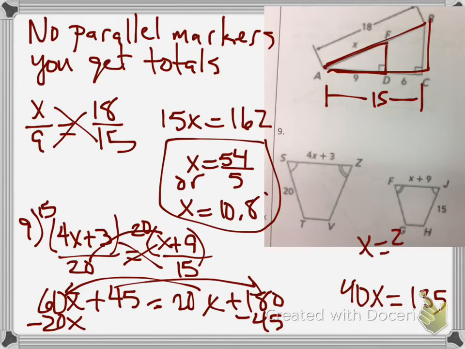Again, I would take the 27 over 8, or you could tell me that's approximately equal to 3.375. I'm not going to tell you to go back and put it in. I just want to find x and we'll be fine. All right. Number 10. Number 10 is super easy. Okay. So, again, it says 2 to 3, and then it says there's a perimeter of 72.